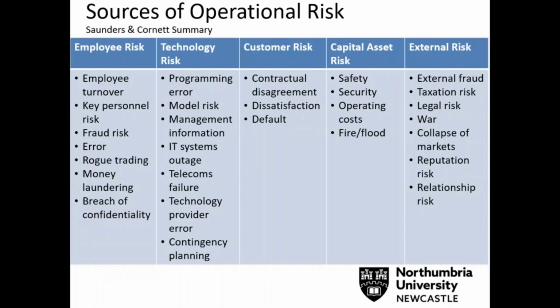In the Saunders and Cornett book regarding the sources of operational risk, they've merged the 7 from BIS into these 5. So obviously you can use this textbook as a reference, but as I noted before, if you're going to do something like this, make your examples a bit more realistic, give specific examples in places.